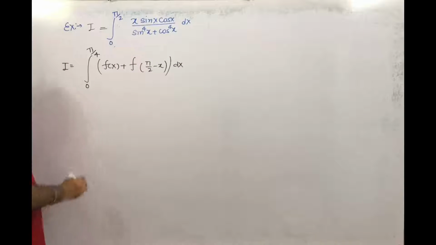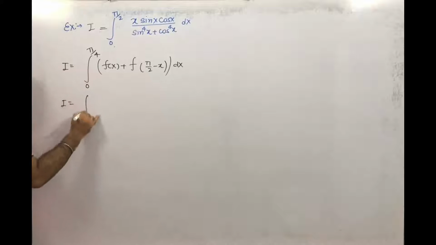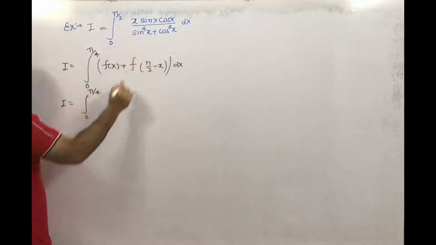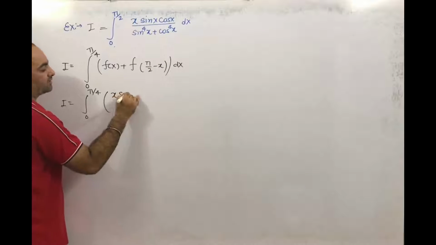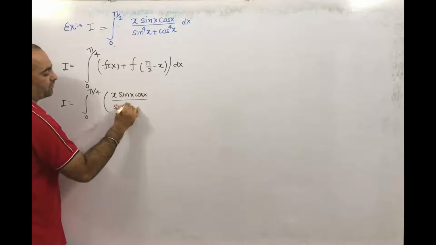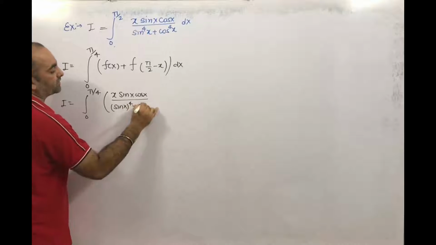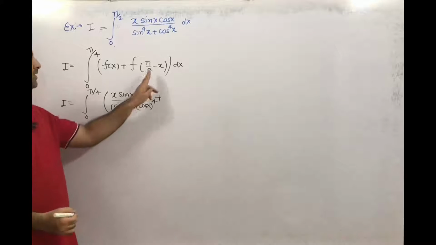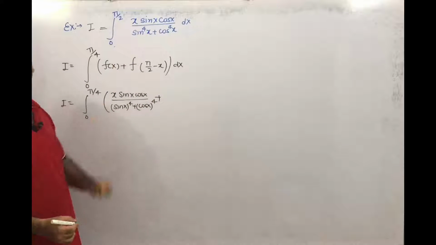Okay, f(x) is this one. So I equals the integration 0 to pi by 4 of x sin x cos x divided by sin x to the power 4 plus cos x to the power 4, plus f of pi by 2 minus x. So instead of x, we put pi by 2 minus x.